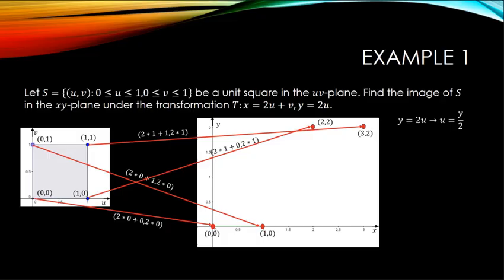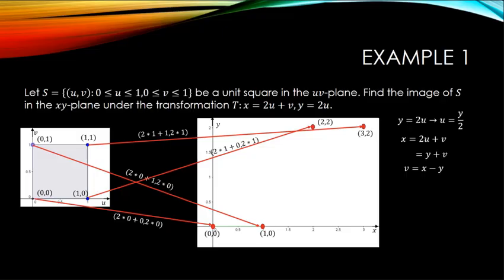I also can solve for u and v in the transformation equations. y = 2u so that u = y/2. x = 2u + v, which means x = y + v, and v = x - y. These equations will help me set my boundary for my new region and could help me map from the xy plane back to the uv plane.